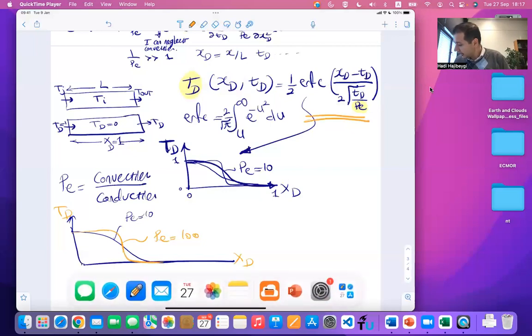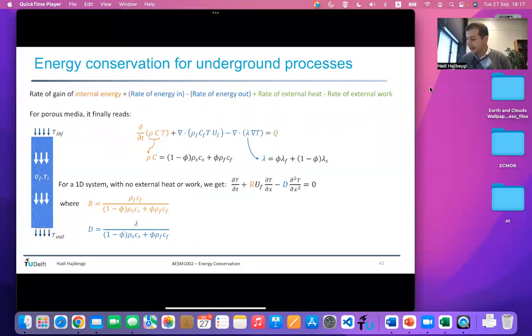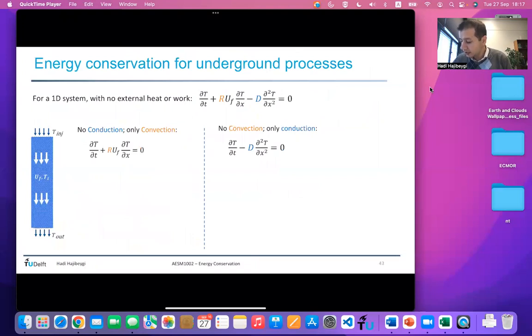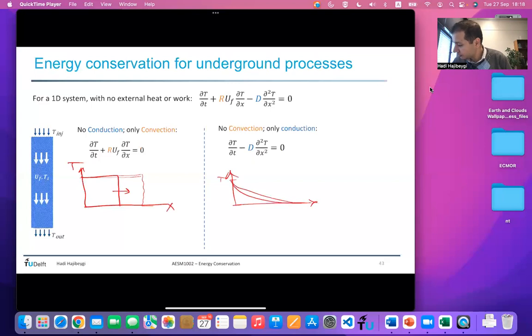Now, with that, I'll be back to my slides. These are exactly the governing equations that I just handwrote for you, with all the definitions in here. So you should be perfectly fine with that. And then I studied only convection or only conduction. If it is only convection, you will see a sharp profile of temperature change in the reservoir over X. If you have only conduction, your temperature profile would be very smooth, like a parabolic function.